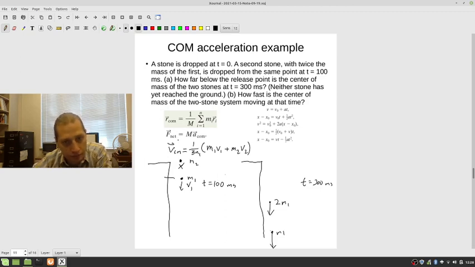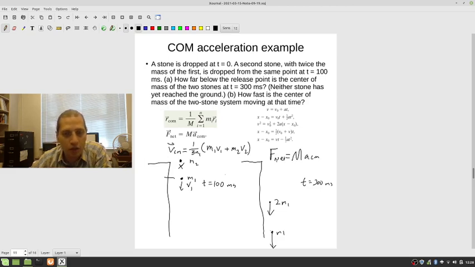The helpful thing about this is that it has some initial velocity, which just depends on these two. If you want to ask how far below the release point is the center of mass of the two stones at t equals 300 milliseconds, once you know the initial speed of the center of mass and the initial position of the center of mass, which you can just calculate, then you can use F net equals the total mass times the A of the center of mass.